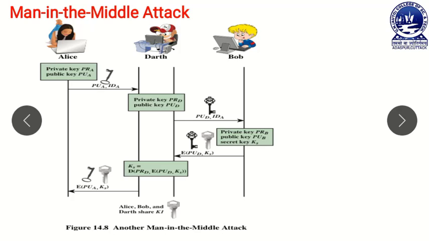When Bob receives this message, Bob also generates its key pair, its private key PRB and public key PUB, and it also generates a secret key, KS. After generating the secret key, Bob uses the public key that Bob received, that is the public key of Darth, to encrypt the secret key KS and send it to Alice.